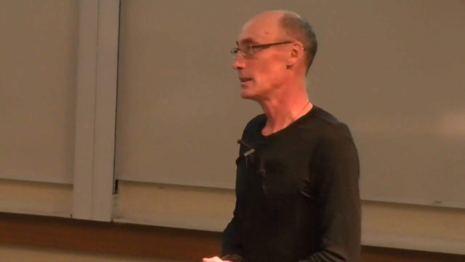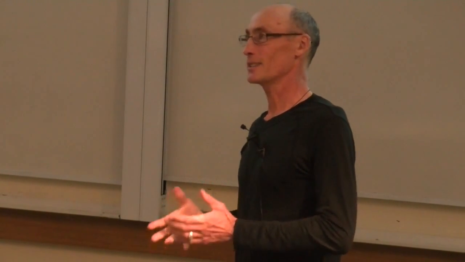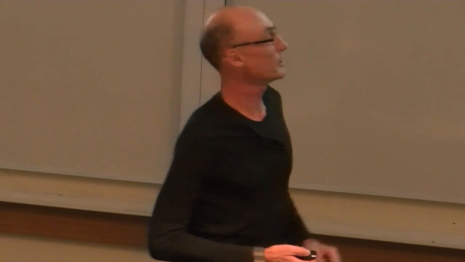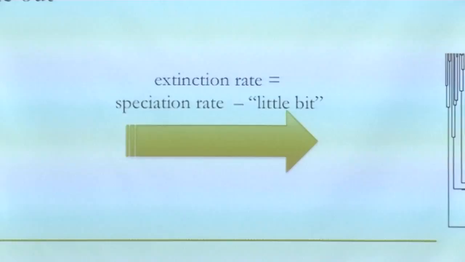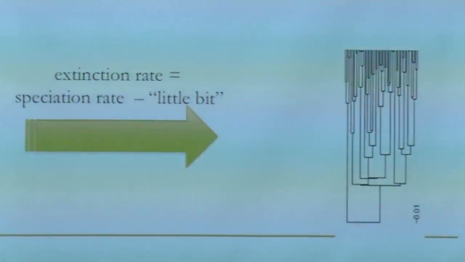But what's going on here is simply the fact that if the extinction rate was actually equal to the speciation rate, the tree is guaranteed to die out. It must die out. It's a simple fact of probability theory. So as soon as you make the extinction rate just a little bit less than the speciation rate, you return very quickly to these sorts of tree shapes.